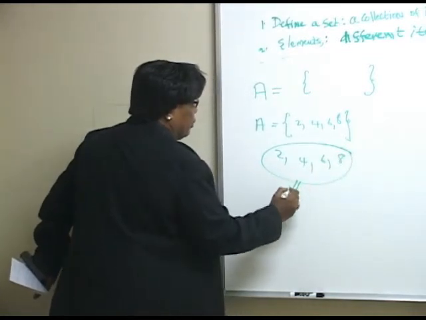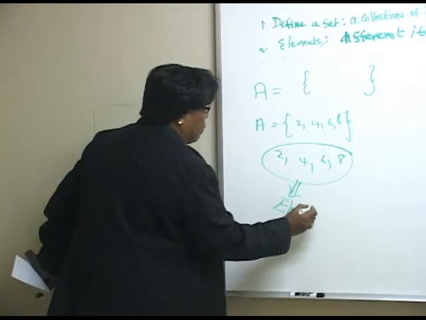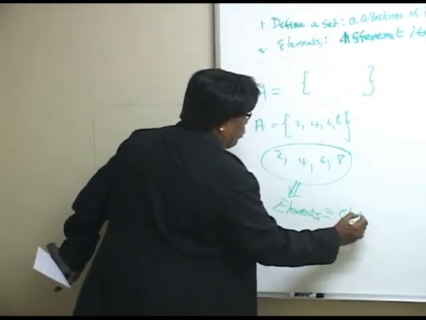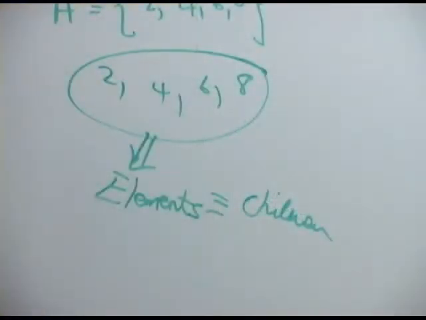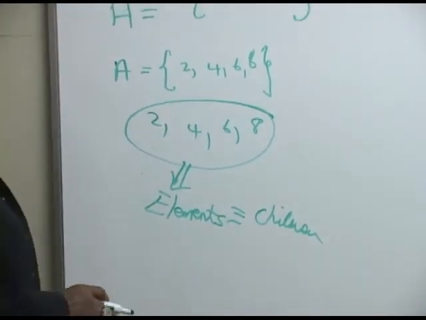So the items in the set we call elements. For human beings, we call them our children. So don't tell me you don't know that part of it, okay? So the elements refers to the items in the set.